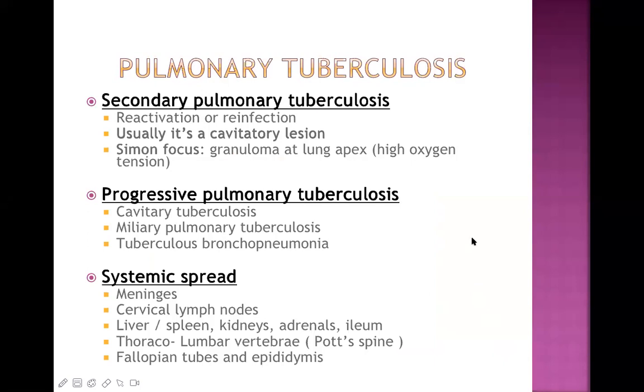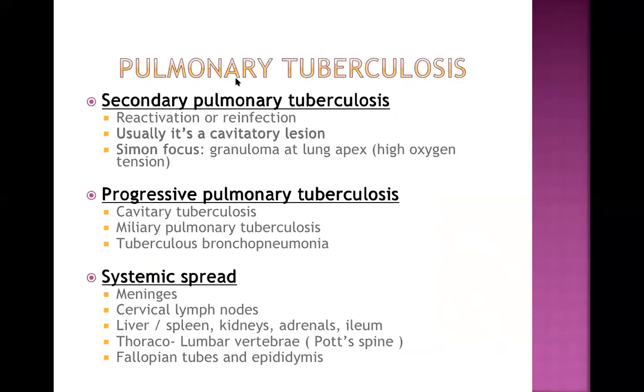Now, after primary pulmonary TB, let's talk about some other types of tuberculosis. Secondary pulmonary TB occurs in the adult, and this occurs because of two mechanisms: reactivation or reinfection. There is a slight difference between these terms.